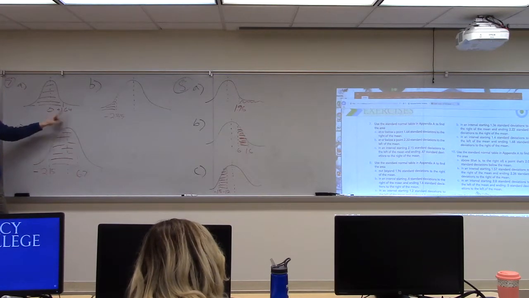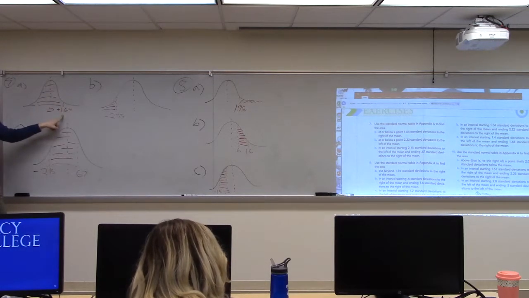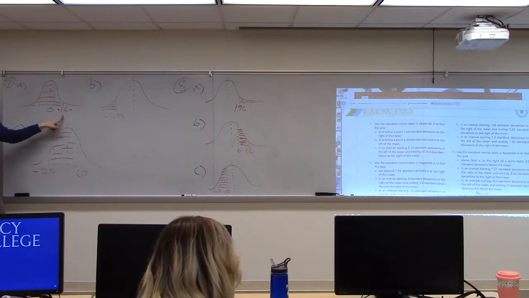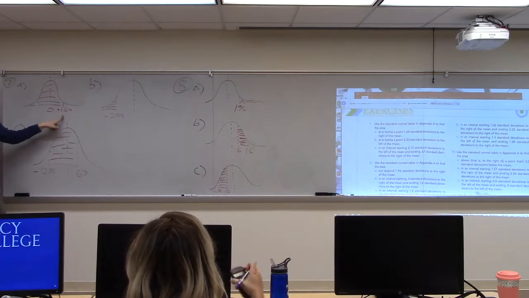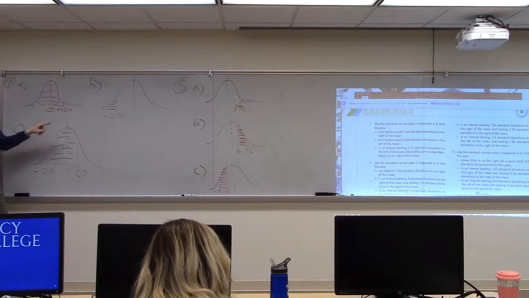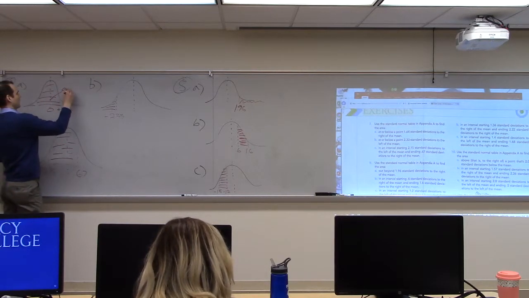It's asking for everything at or below that point. This one's pretty easy. All you need to do is look up 1.64 on the z-table, and it gives you the correct answer. What do you get? 94.95.